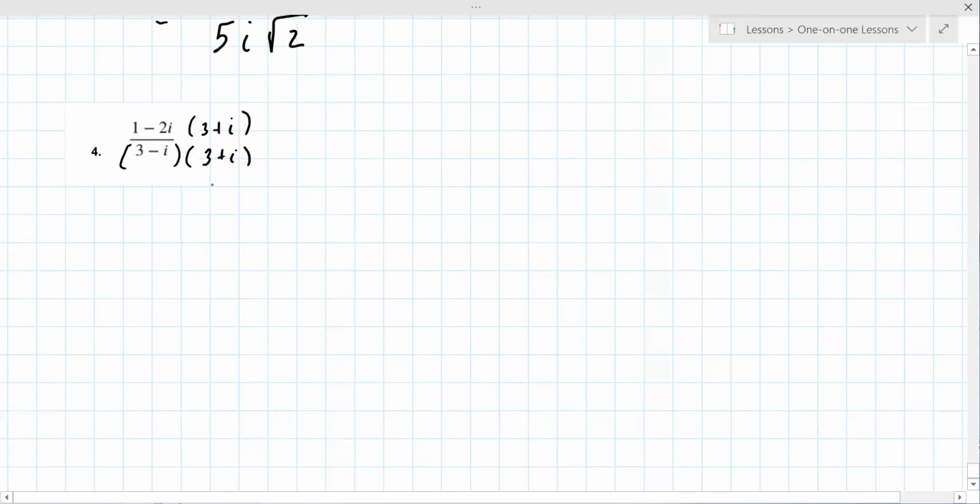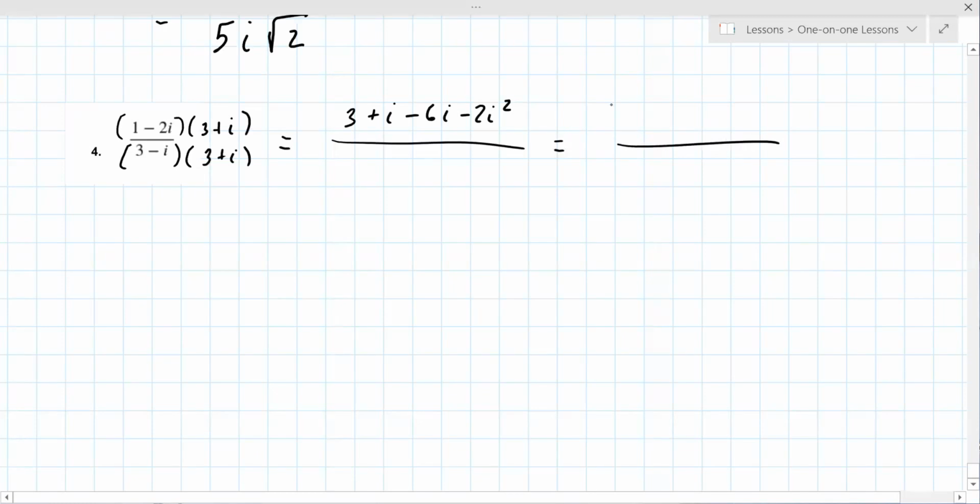If it's addition, it becomes a subtraction. So what we're going to do here is FOIL, essentially, the top and the bottom. So the top becomes 3 plus i minus 6i minus 2i squared.